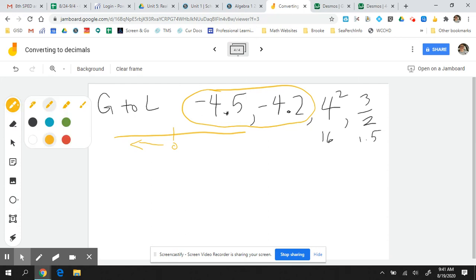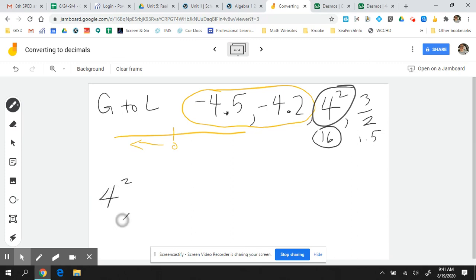Our largest one is going to be 16, or 4 squared. So we're going to put 4 squared first. Our next one is going to be 3 over 2, because that's 1.5. Now we have to decide which one is the smallest out of these two. If it is close to 0, it is actually a larger value. So if I had -1, it is actually closer to 0.